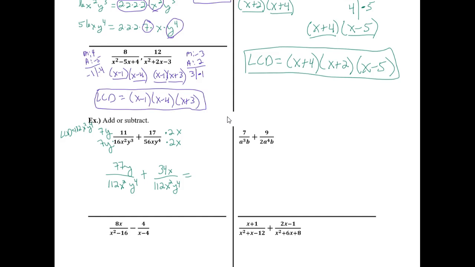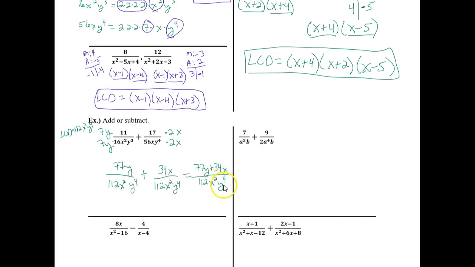Once they have a common denominator, then I can add them. So 77y plus 34x all over 112x squared y to the fourth. Remember, we add the numerators. They're not like terms, but we can combine it into one fraction or one expression.